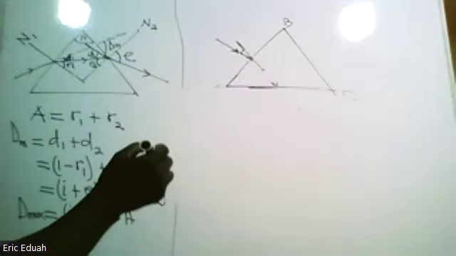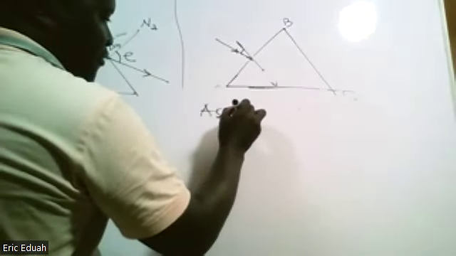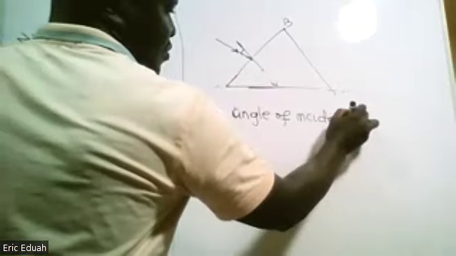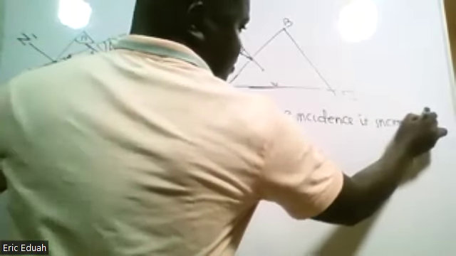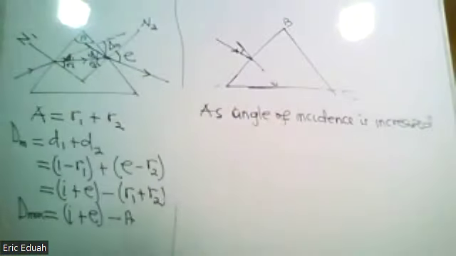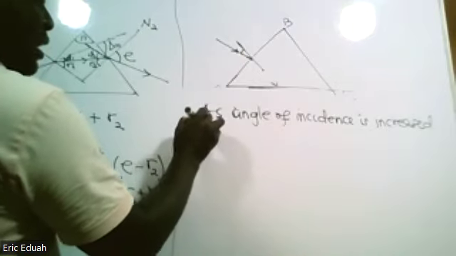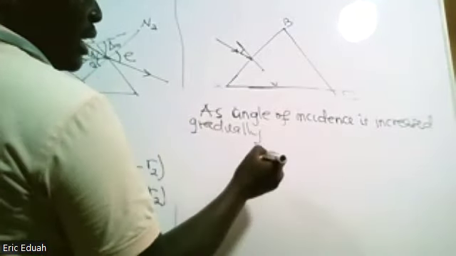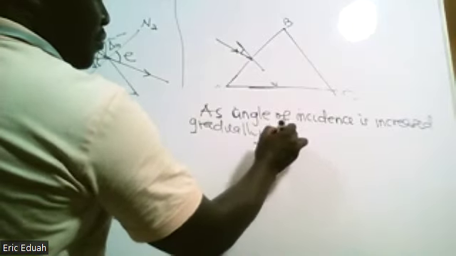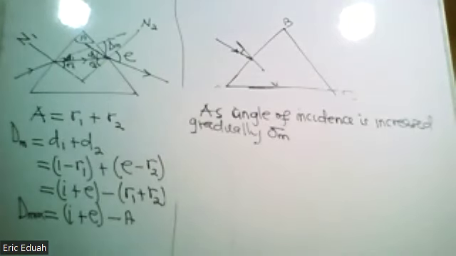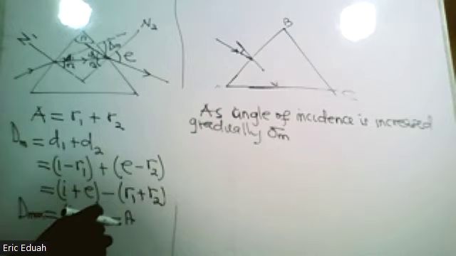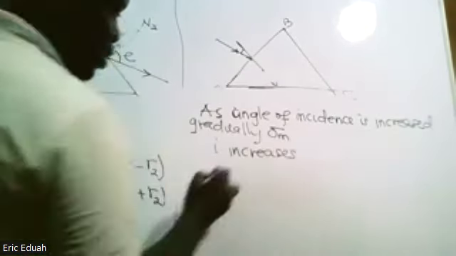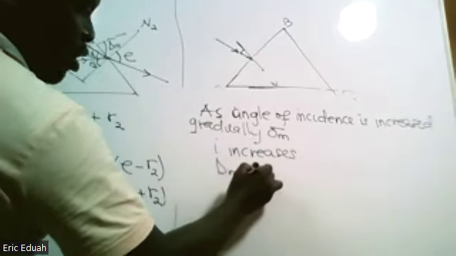You realize that as the angle of incidence is increased gradually, the total deviation, Dm, also decreases.